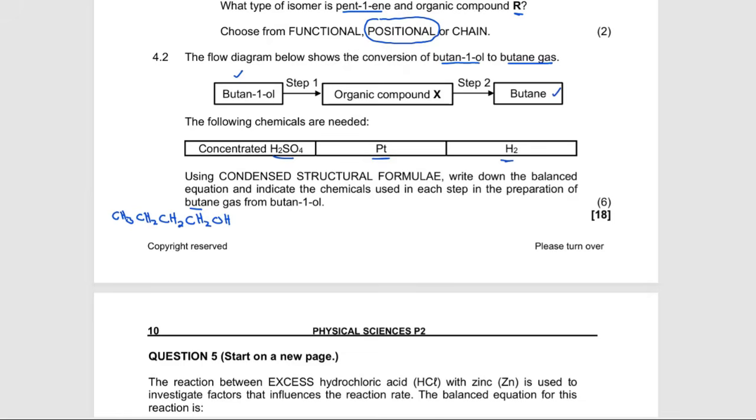Then after that, what do we have there? We're given concentrated H2SO4, right? So over the arrow there, I'm going to say conc. H2SO4, right? So what is it going to give us there?